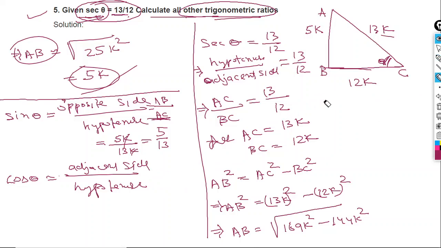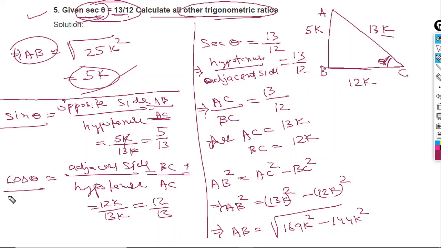You can write 12k is BC, by AC, equal to 12k divided by 13k, which is equal to 12 by 13. We have found sin theta and cos theta.